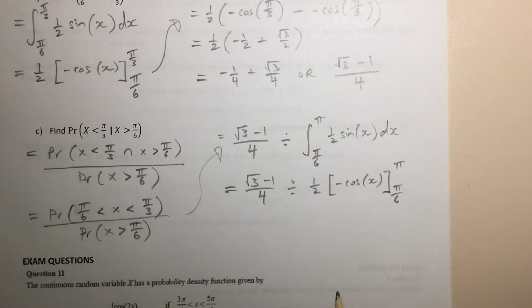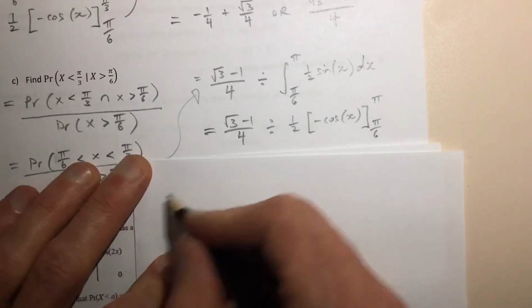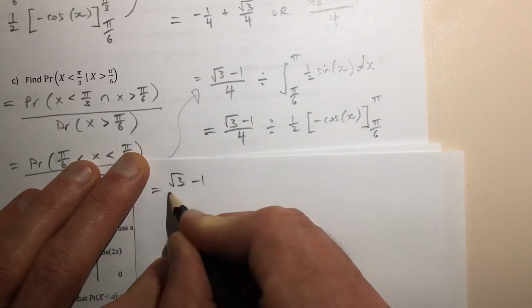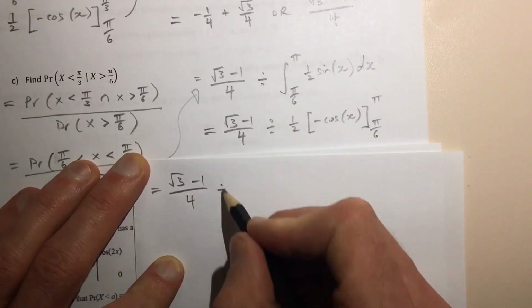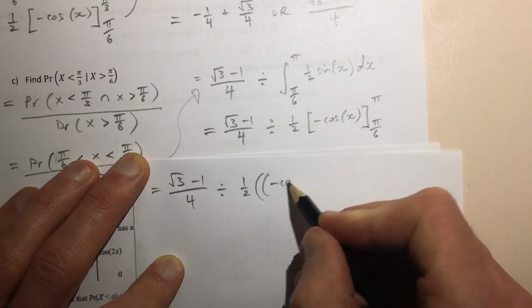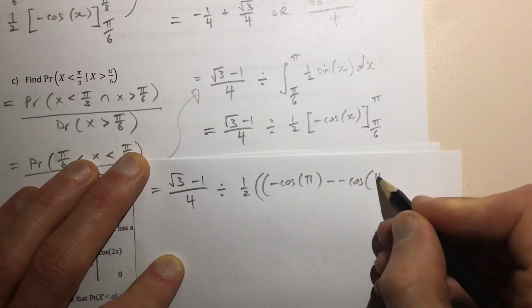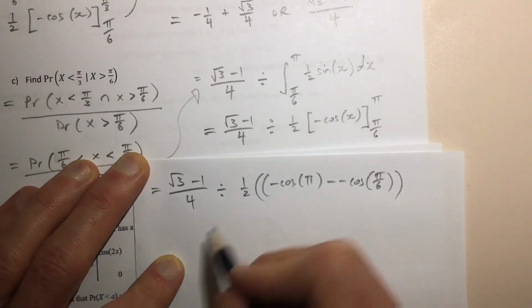Clearly I'm going to run out of room here, so I'm going to need to grab some scrap paper again. Alright, so this will equal root 3 minus 1 all over 4 divided by a half times negative cos of pi minus negative cos of pi on 6.